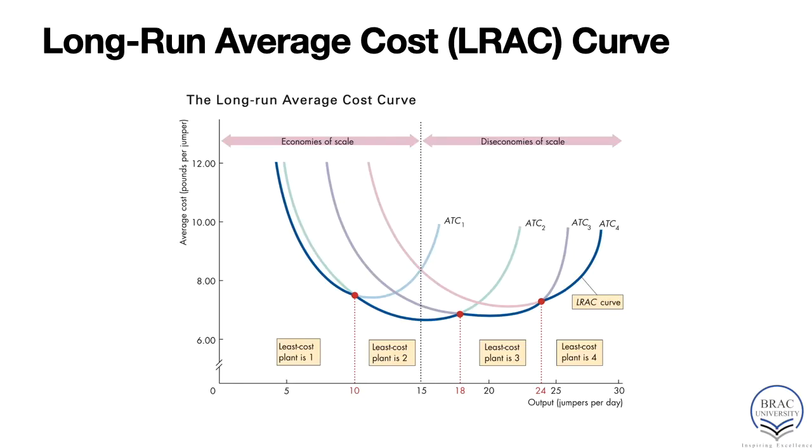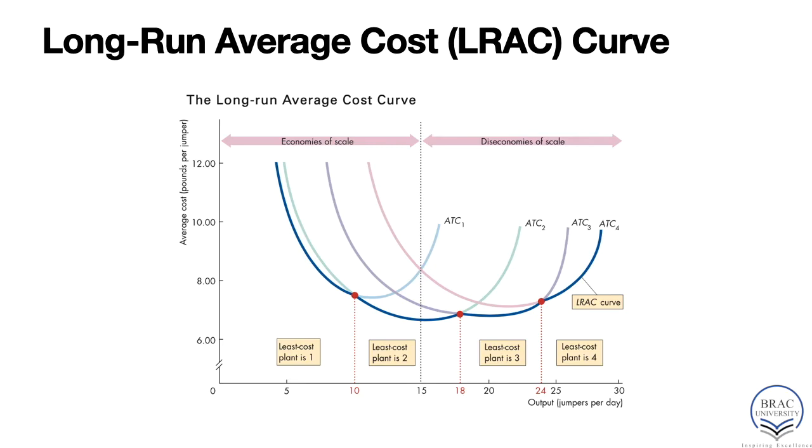As you can see here, for output up to 10 jumpers a day, the average total cost is lowest on ATC1. For output rates between 10 to 18 jumpers a day, average total cost is lowest on ATC2. For output rates between 18 and 24 jumpers a day, average total cost is lowest on ATC3.